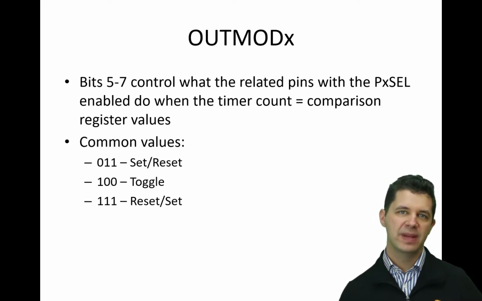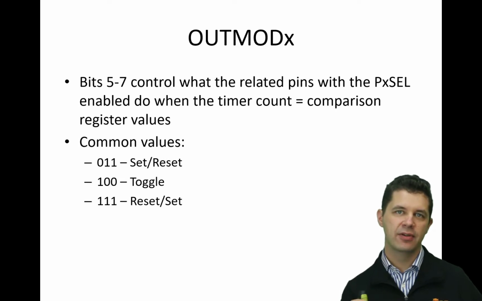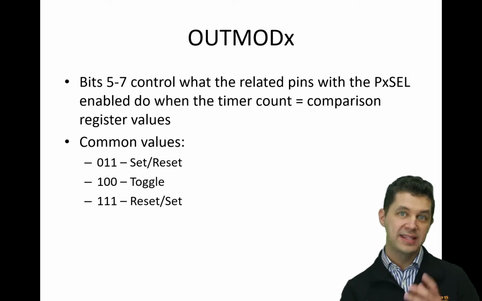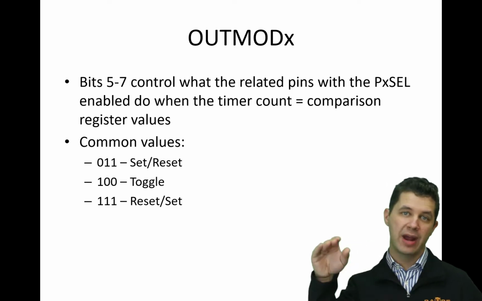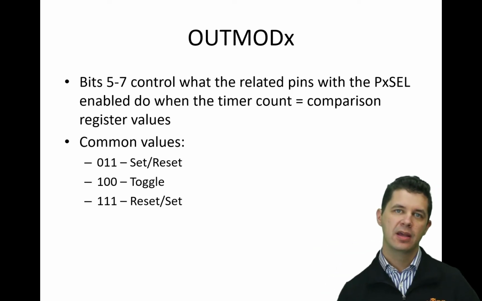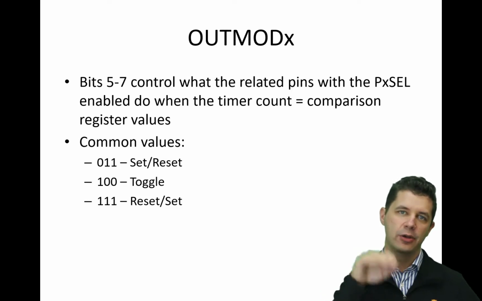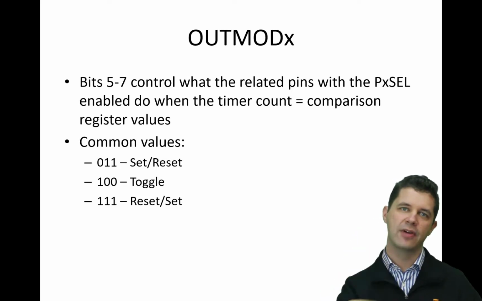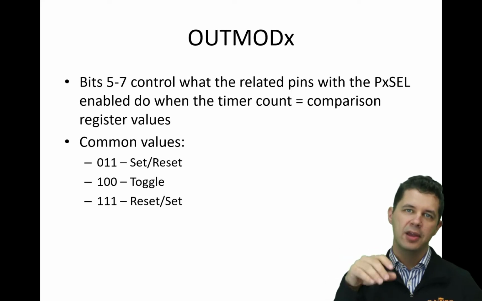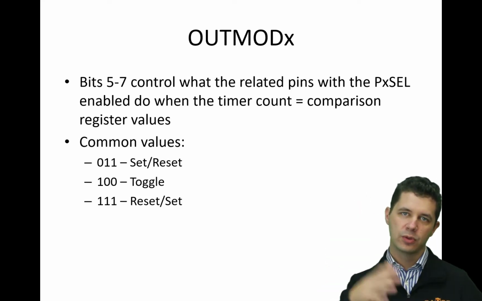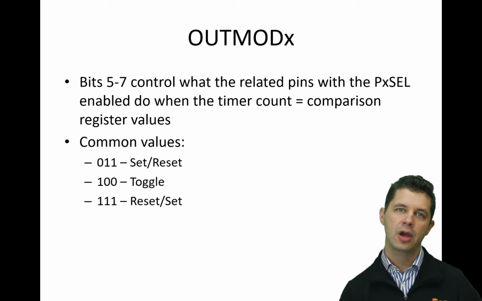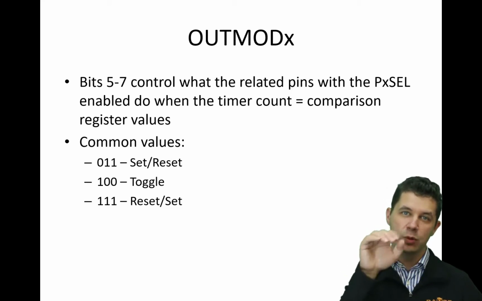Our output mode, so those bits 5 to 7, we've got a number of different ways that we can control how it will generate and how it will control an output pin. They are things like set/reset, so when the timer value equals our count value, we can set the pin to a 1. When it times out, it can equal a 0. We can set it to toggle, so every time it's equal to that, it'll toggle.